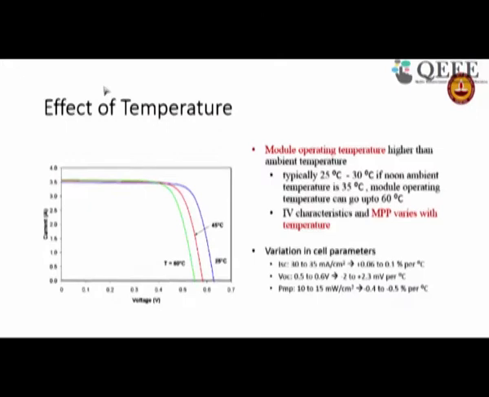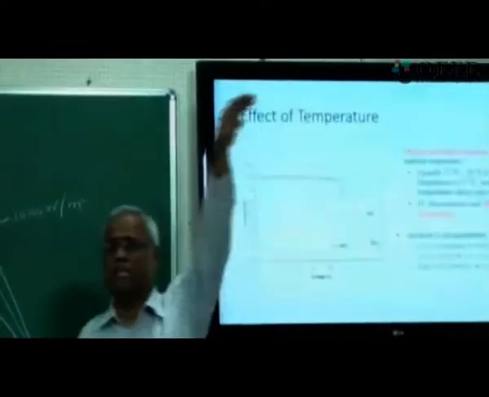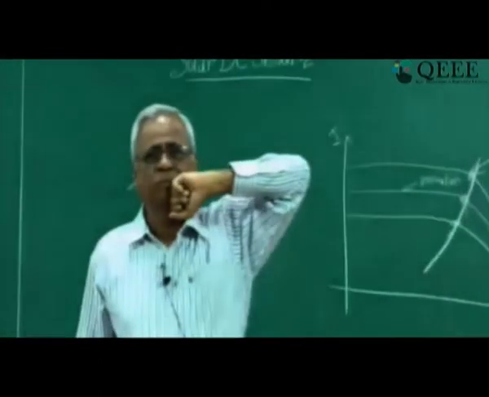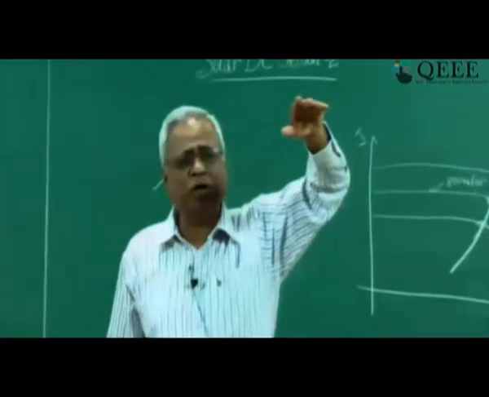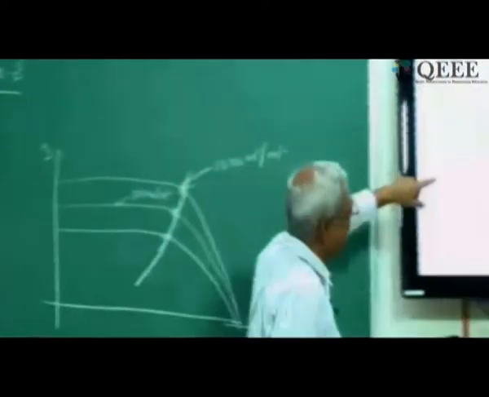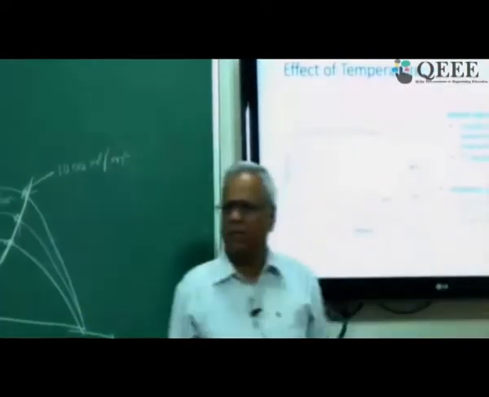The second problem is another interesting one. Look at these curves. Let's say the same amount of light is falling, 1000 watts per meter square. So the light insolation is constant, and yet I get three different curves at 60 degrees centigrade, 45 degrees centigrade, and 25 degrees centigrade.